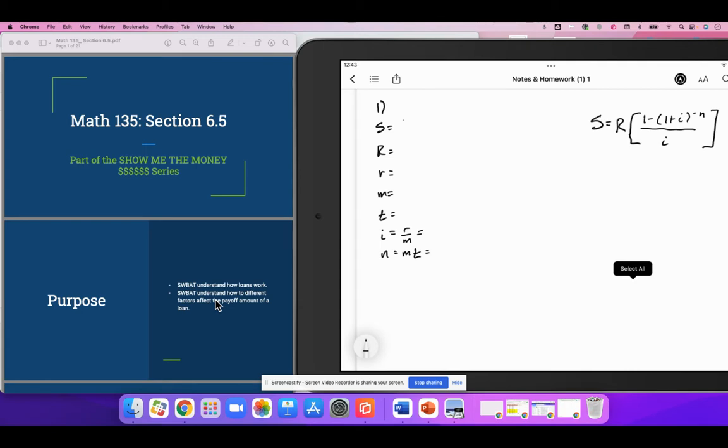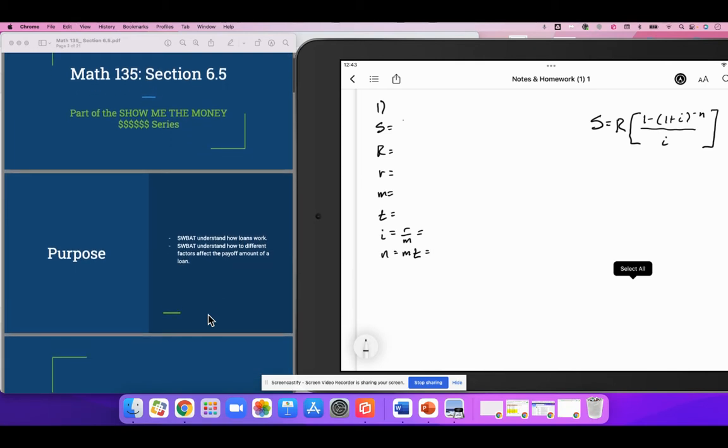That being said, today we are talking about things that are not quite as good as annuities and that sort of thing from our perspective. We are going to be talking through loans. If you are the person who is borrowing the money, a loan can be kind of a rough deal because you're going to end up paying back more money than you borrowed because of interest. And if you recall from my home purchase, that can amount to be quite an enormous amount of money.